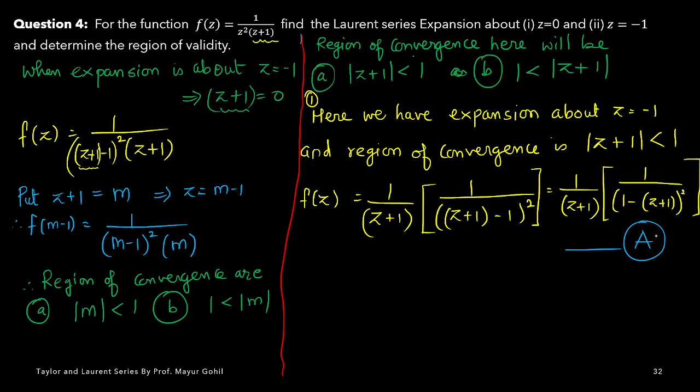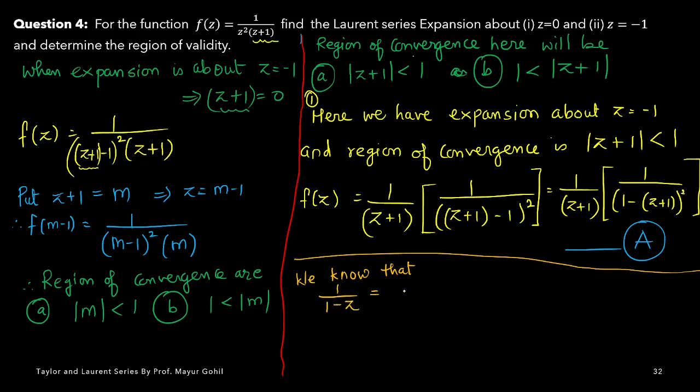For this capital A, we will now first see the derivation of 1 upon 1 minus something whole square and how to get that answer. I'll do the derivation here in orange. We know that 1 upon 1 minus z is equal to 1 plus z plus z square plus z cube plus z raised to 4 and so on, right?